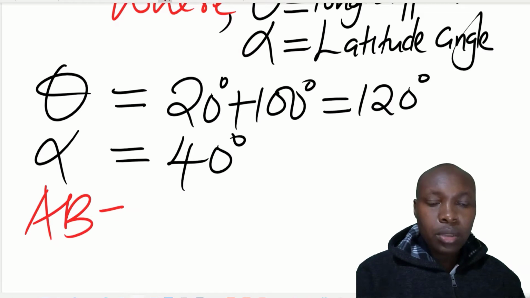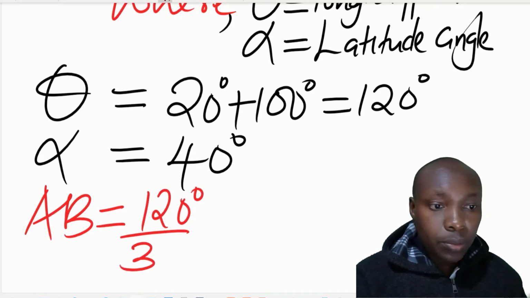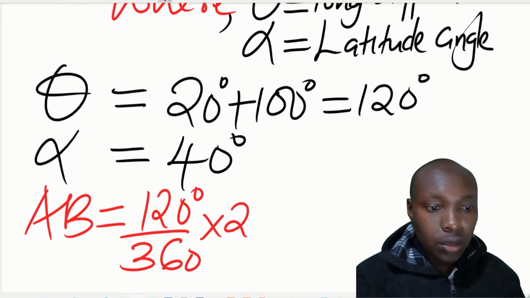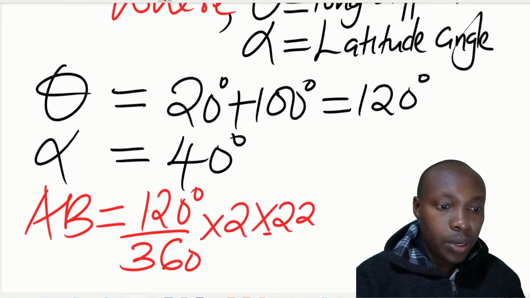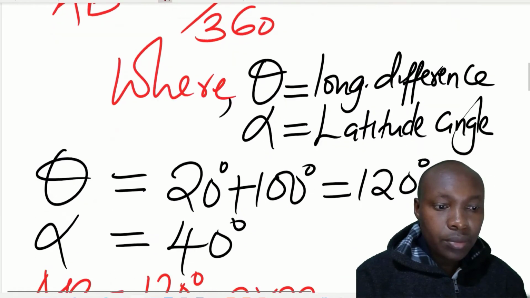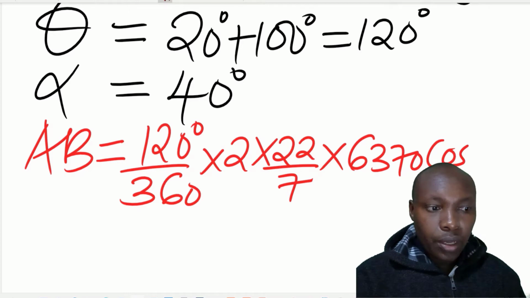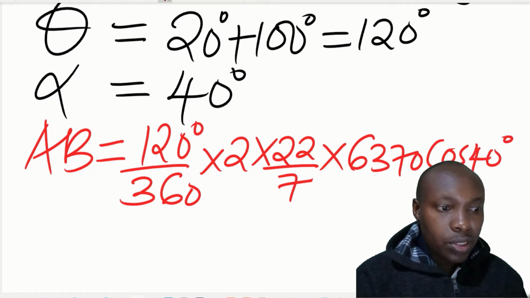After obtaining those values, we substitute them in the formula, theta over 360 multiplied by 2 pi r. Substituting, we get 120 over 360 times 2 times pi times the radius of the Earth, which is 6370, then multiplied by cosine of alpha, which is cosine of 40.